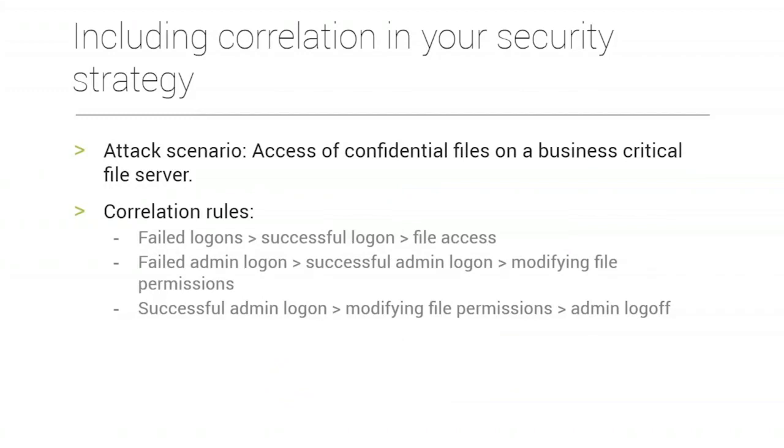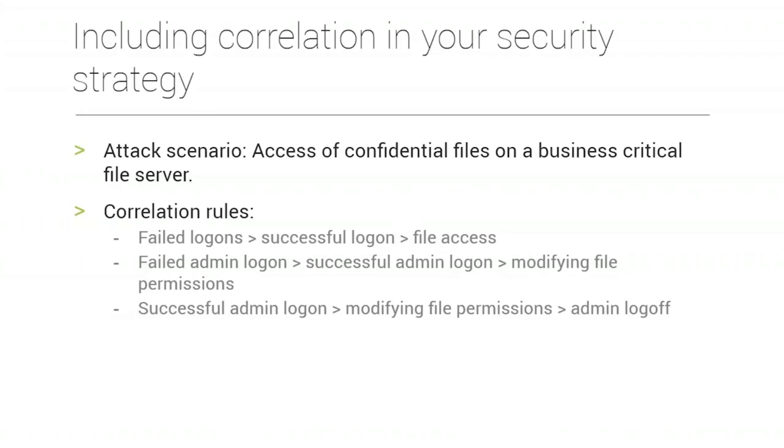Let's assume you have a very critical file server, which obviously contains some very important confidential files, and you want to ensure that there are no unauthorized accesses of those files on the file server. So now you need to start thinking of various ways in which an attacker might be able to breach that server. Okay, so let's assume that this cannot be accessed remotely. You have set it up such that it is only accessible within your network.